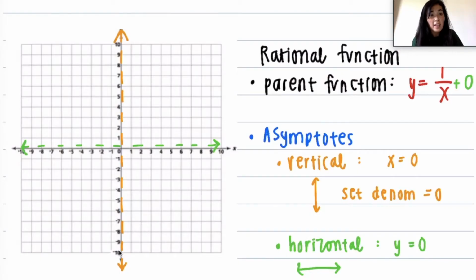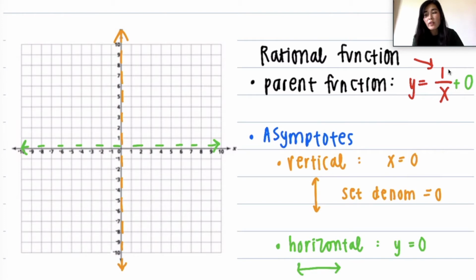All right, the next thing that we're going to take a look at is, is it positive or negative? And how you're going to tell is you're going to take a look at this number right here, the number that is on top. So because this is a positive number, it's going to indicate that we have a positive graph.